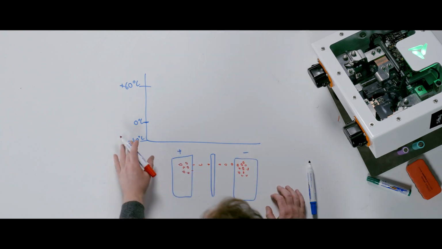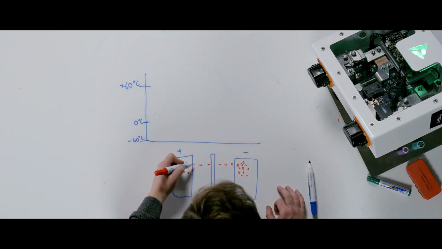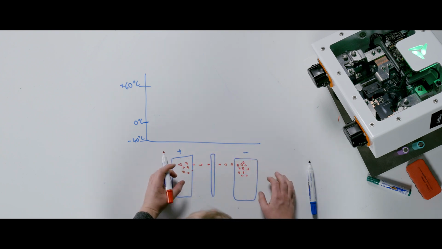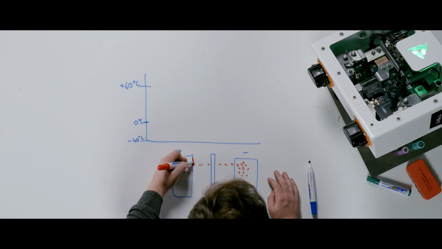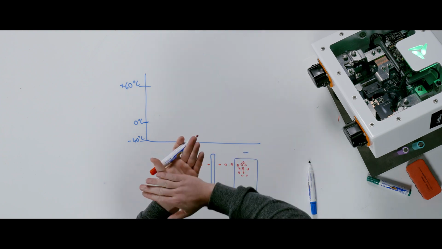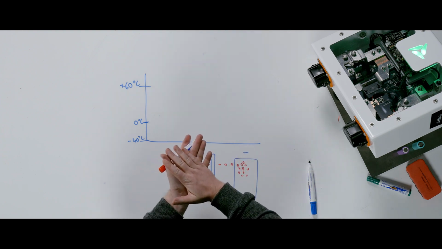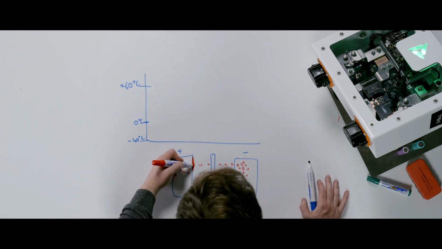If you try and charge this battery below 0, instead of them going into the caves, the lithium ions tend to plate on the surface. It's like having a sponge, but they cover all the holes in the sponge. It causes lithium plating. So that does two things.